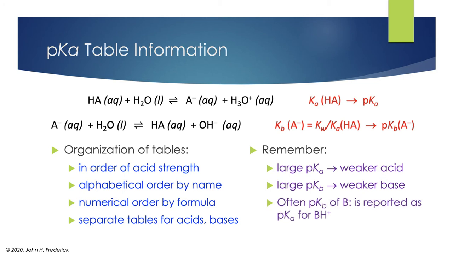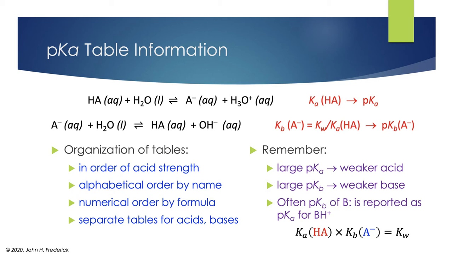As I mentioned, often the pKb of a base B is reported as the pKa for its protonated form. You convert it to the acid form and report the pKa. So you're going to need to be able to convert back and forth between the pKa and the pKb of a conjugate pair. I want you to remember this relationship: the product of the two Ka and Kb always equals Kw when we're talking about things in aqueous solution.